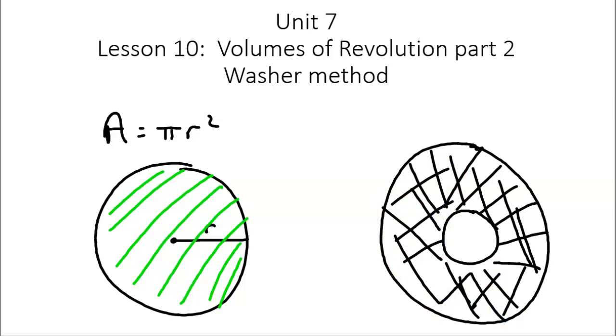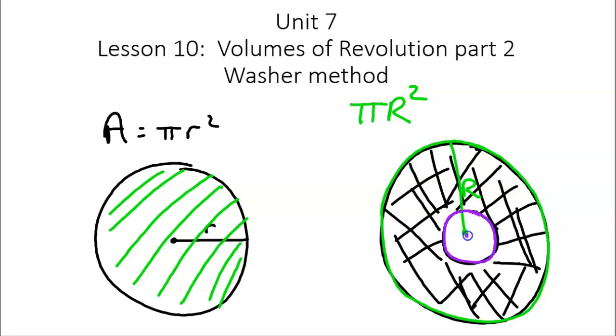Well, you have to think of it as though there's two circles. You have the big circle, and that big circle has a big radius. And the area of that big circle is pi R squared. And we have a little circle inside of it.